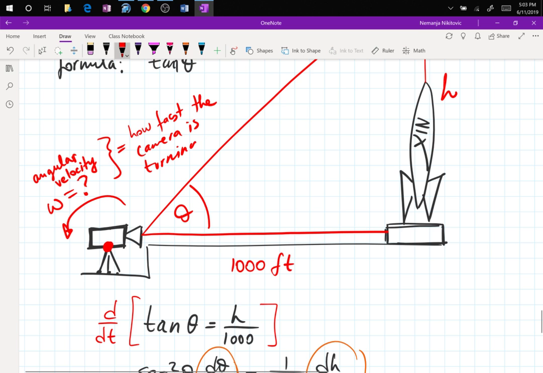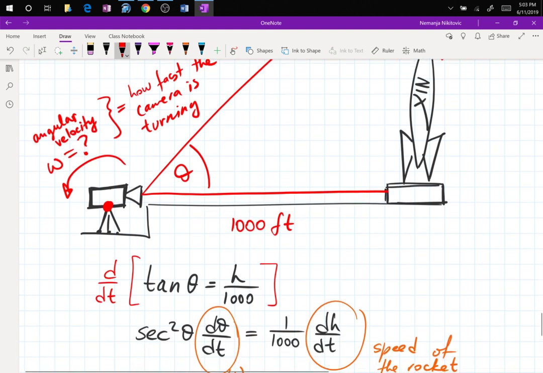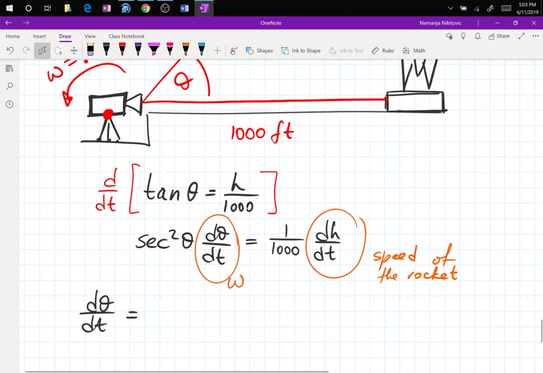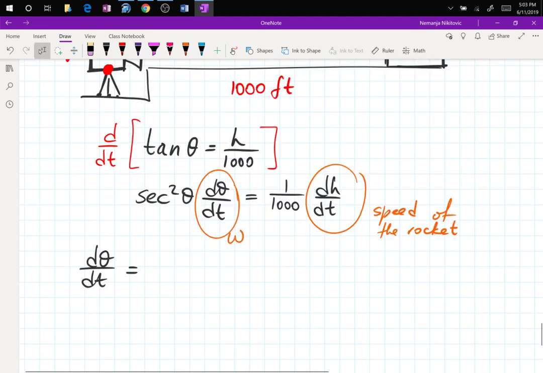So that's the concept that we are after. So d theta dt is equal to 1 over 1000 secant squared theta dh dt.